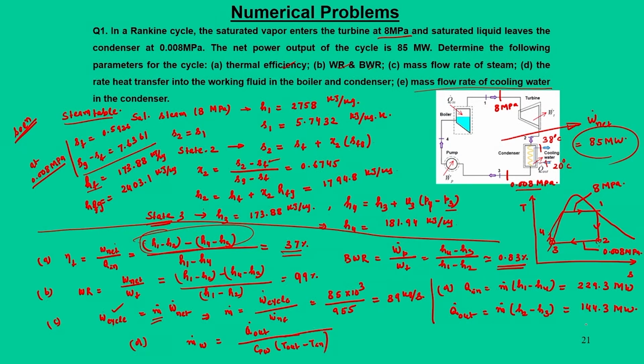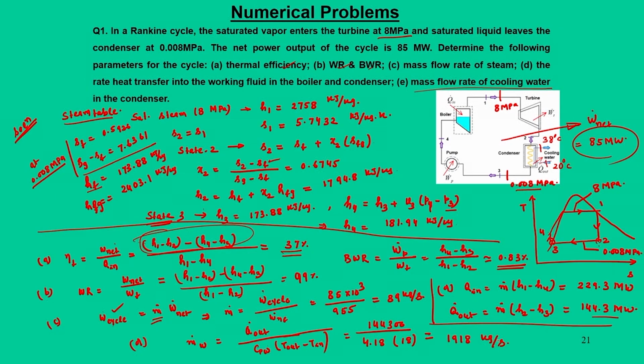So, Q dot out we have already found out, and CPW is 4.18. 144,300 divided by CPW into delta T, which is 18, so this answer would be 1918 kg per second.